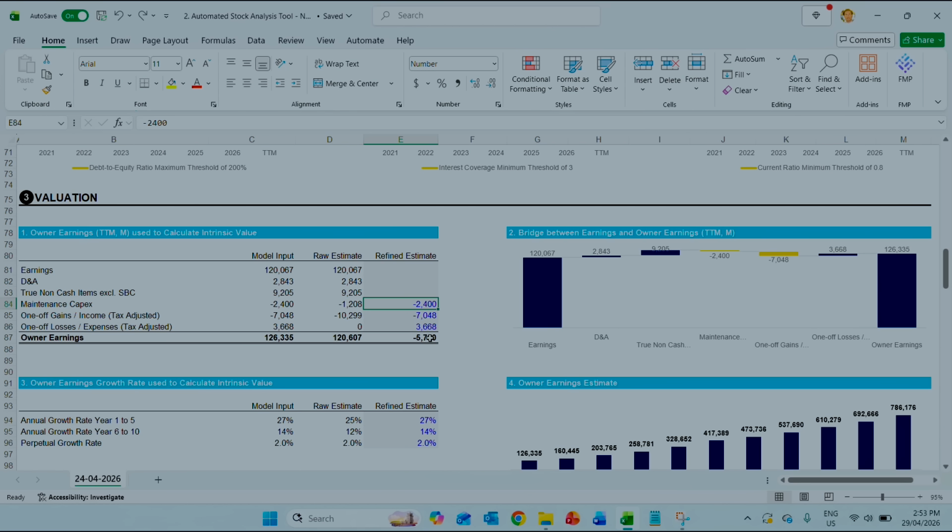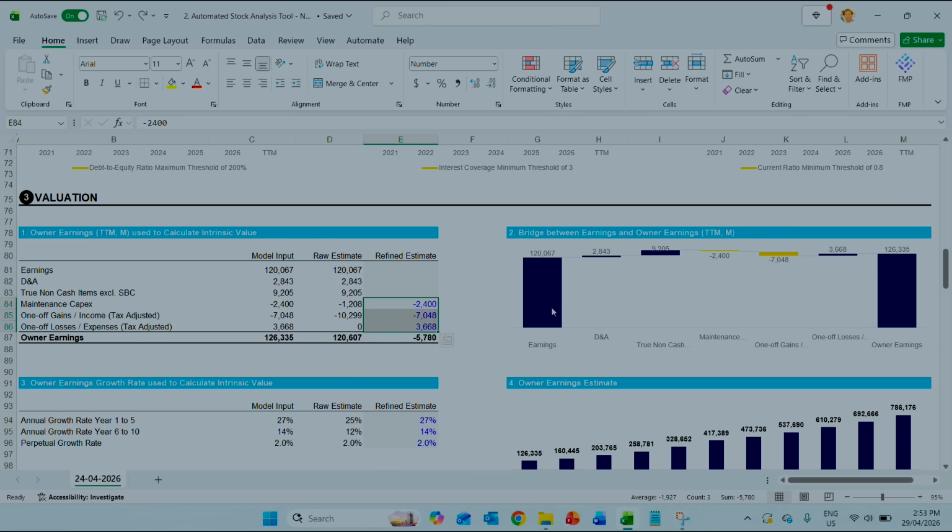So I can adjust the numbers a little bit here, okay? And as soon as I adjust them here, the model input will change and will take my own assumption. Okay, so if I remove this, it takes the raw estimate, and if I add this, it takes my refined estimate.